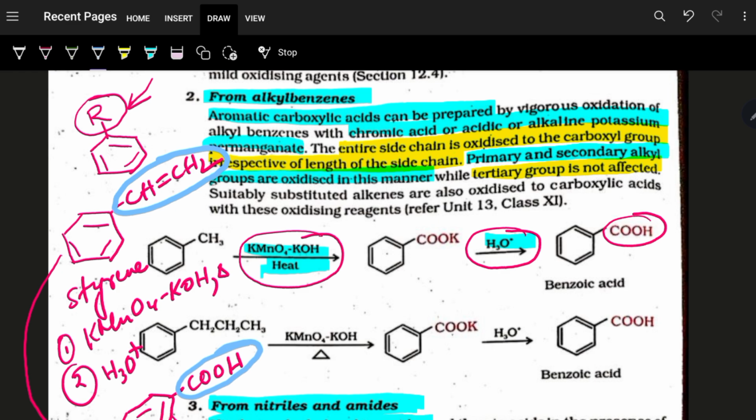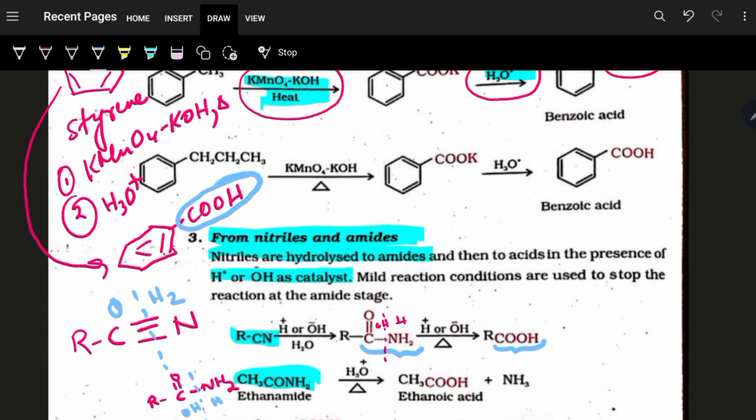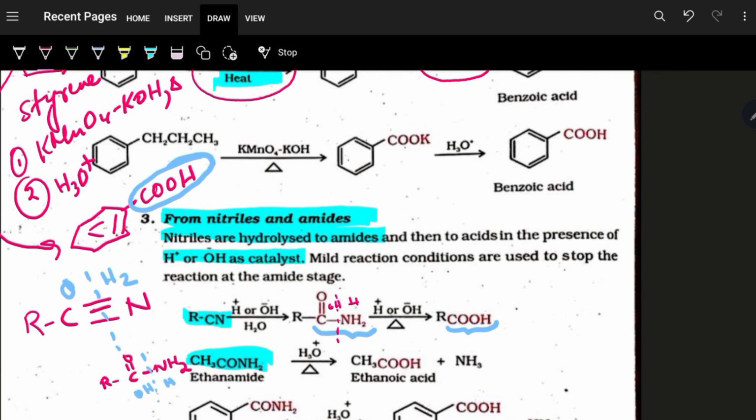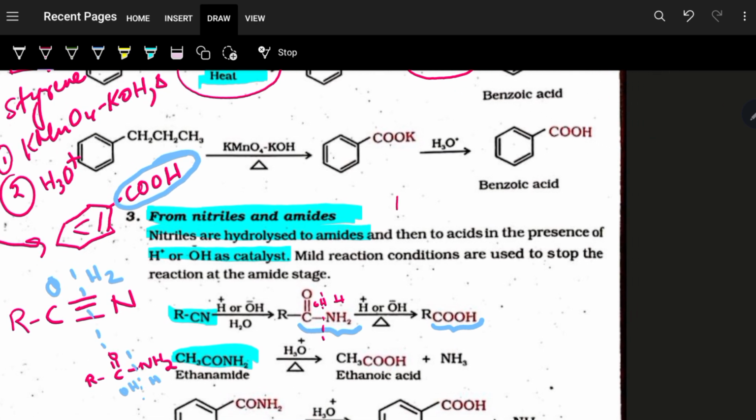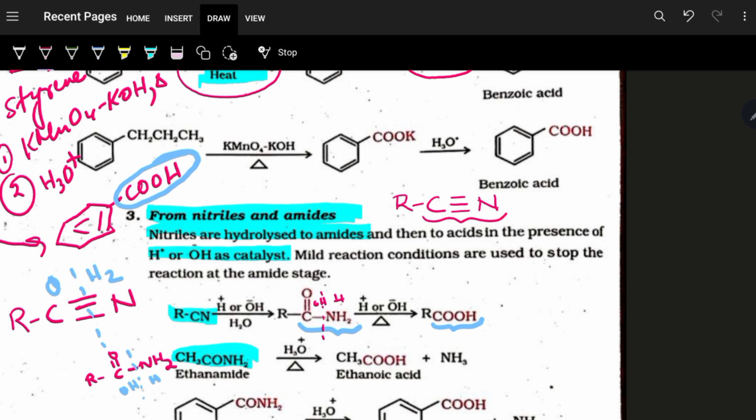Okay, so after this we have from nitriles and amides. Nitrile means RCN, so we can write RC triple bonded N. This is the structure of CN. So CN gets converted to COOH.